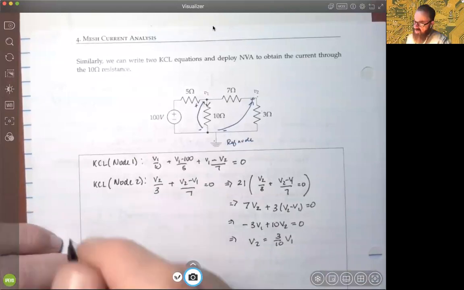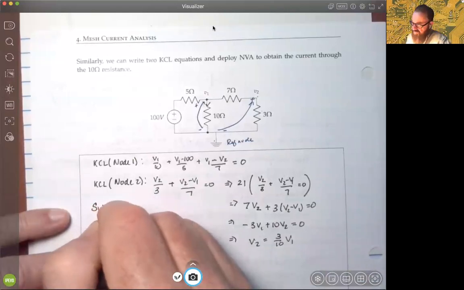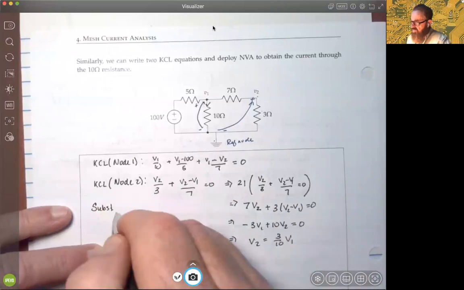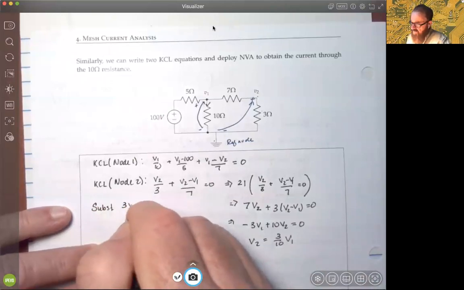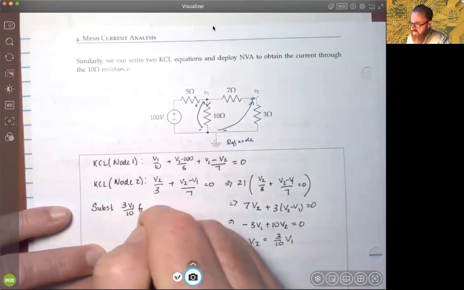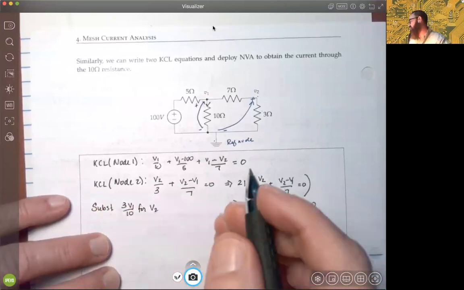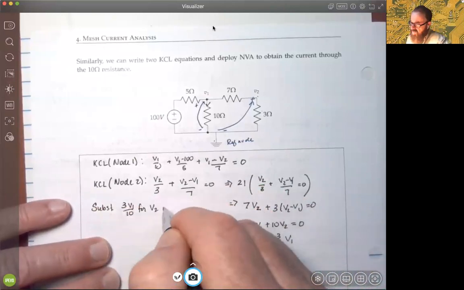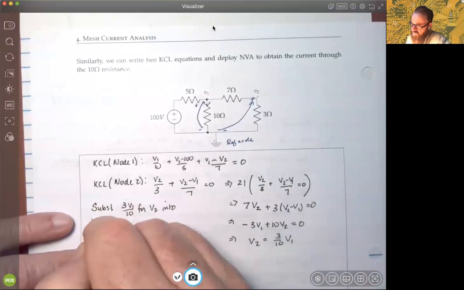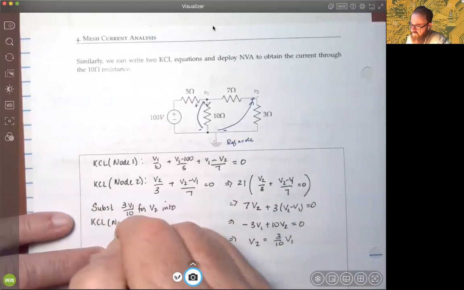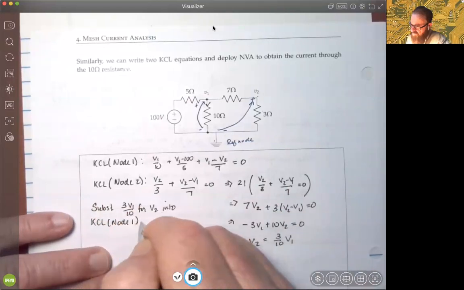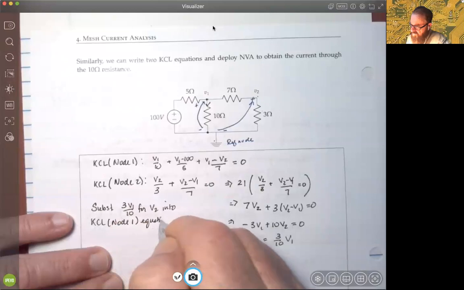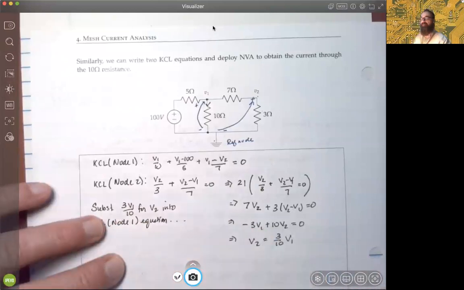And then what we would do is substitute 3V1 over 10 for V2 into the KCL node 1 equation, and we will do that below.